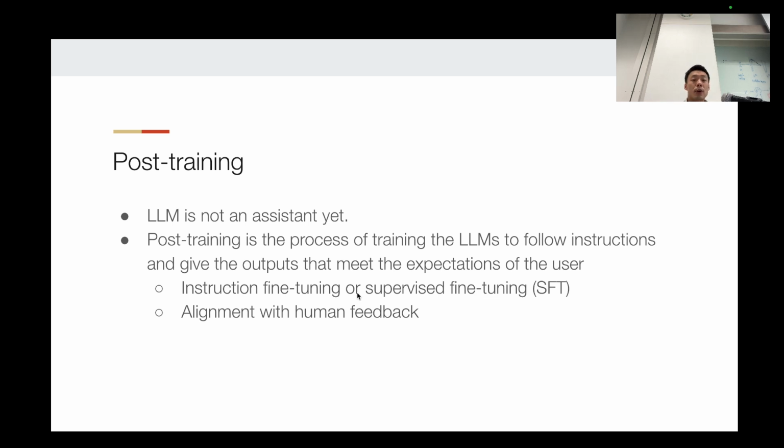All right, post-training. In post-training, we do two things, which I will not go into too much detail on, but I will tell you the process. The technicality I'll leave out. We do instruction fine-tuning, or supervised fine-tuning, and alignment with human feedback.